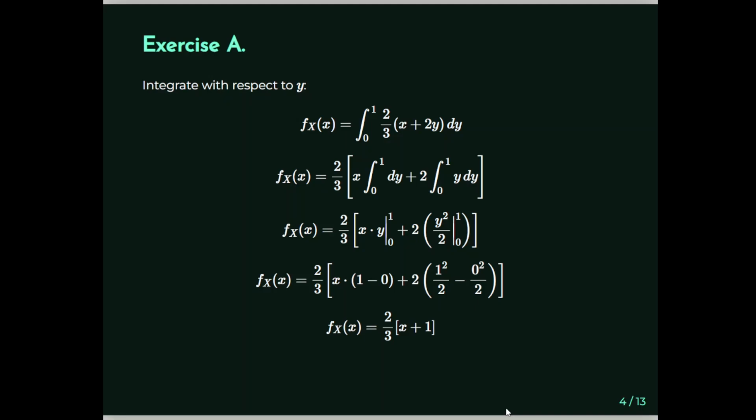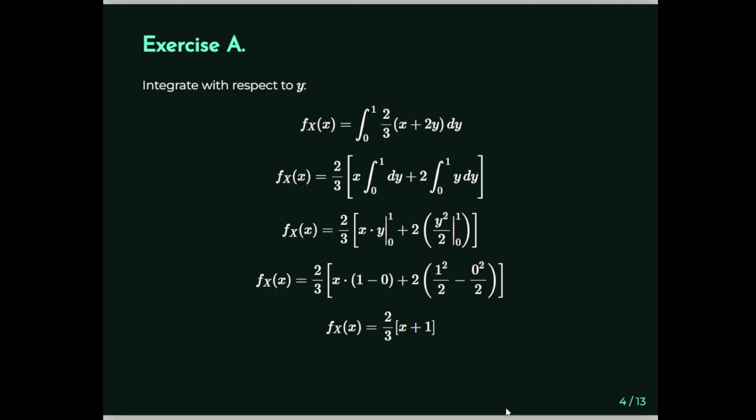Now x is a constant in terms of y, so we can split that out in front of the integral as well. So essentially we have 2/3 times x times the integral from 0 to 1 of dy, and that's just going to end up as y, plus 2/3 times the integral from 0 to 1 of y dy. So that will end up as y squared over 2.